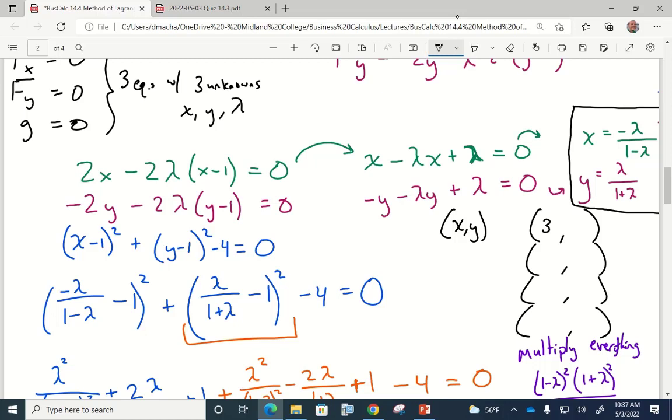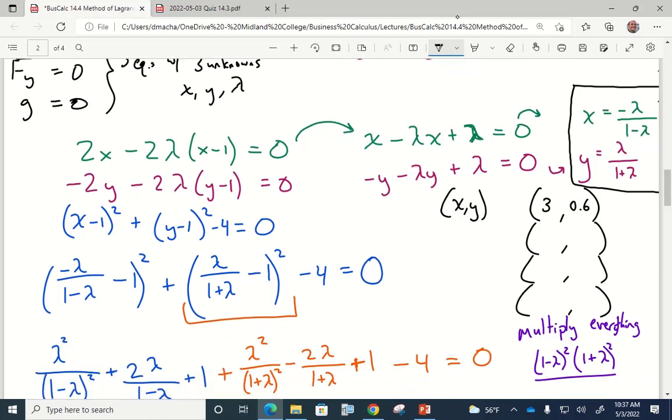Cool, 3. What about y? What if I have 1.5 divided by 1 plus 1.5? 0.6. Yeah, okay, cool. What if we use negative 1.5 now? So if I have in the x positive 1.5, divided by 1 minus negative 1.5, I think that's going to give me 0.6, and then that should give you 3 for the y value. Kind of interesting. Yeah, because the lambda and the negative lambda is just swapped.